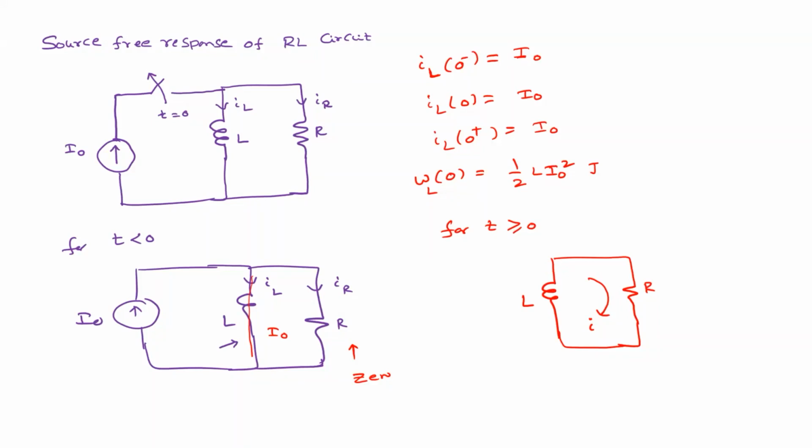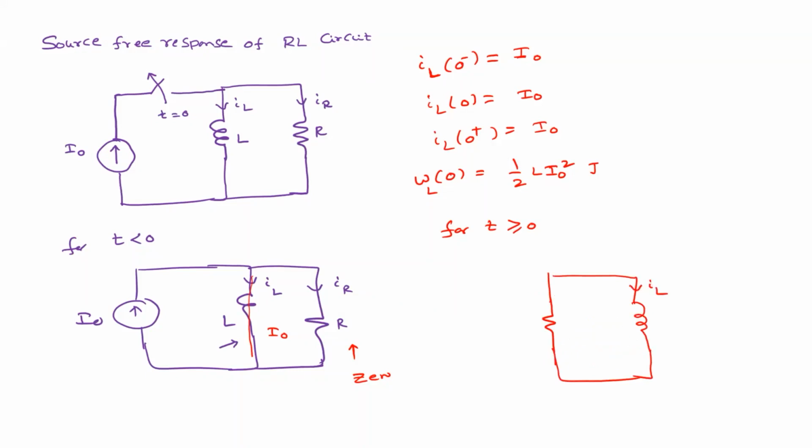The next step is we can apply KVL. How will this be marked? If this is plus minus here, this is VR. This is your IR, and this is your IL.